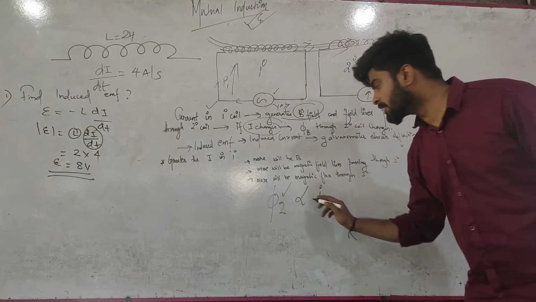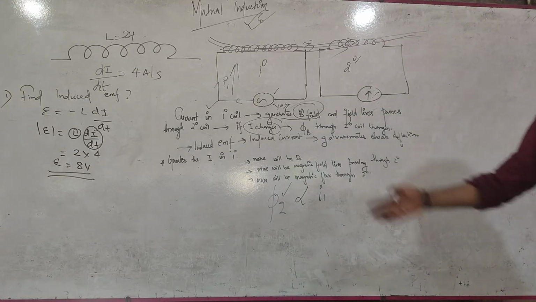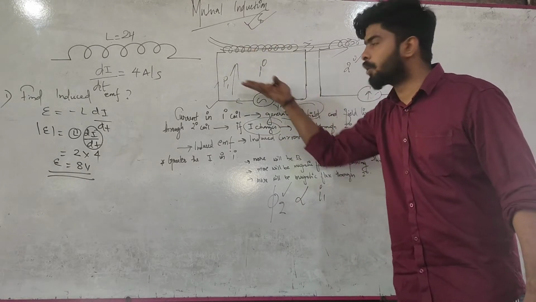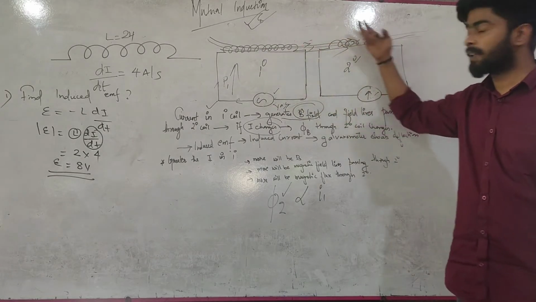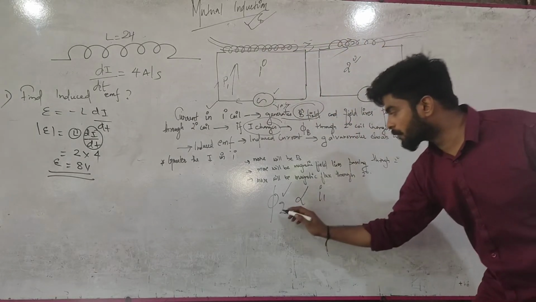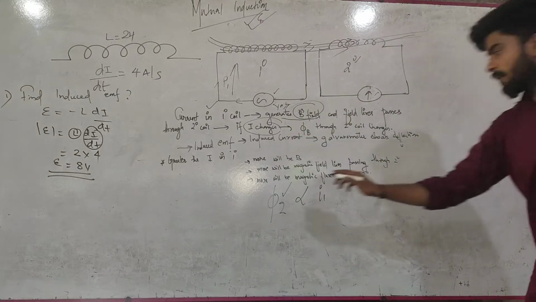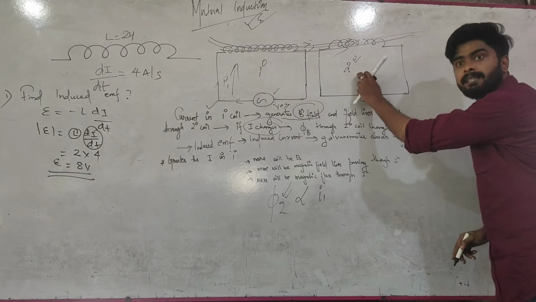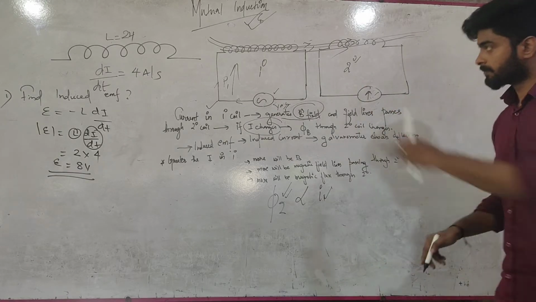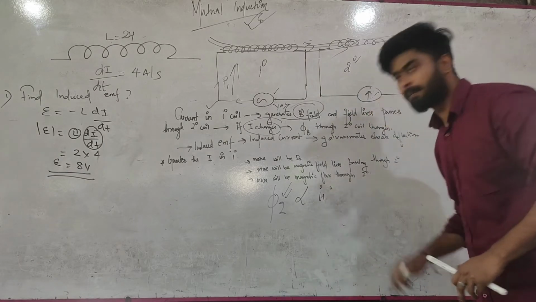Yes. So phi 2 is proportional to I1. So if you are increasing the current in the primary coil, more magnetic field will be available to the secondary coil, so more magnetic flux will be available to it. Therefore, phi 2 also increases. So phi 2 is proportional to I1. What is phi 2? Magnetic flux through the secondary coil. And what is I1? Current through the primary coil.